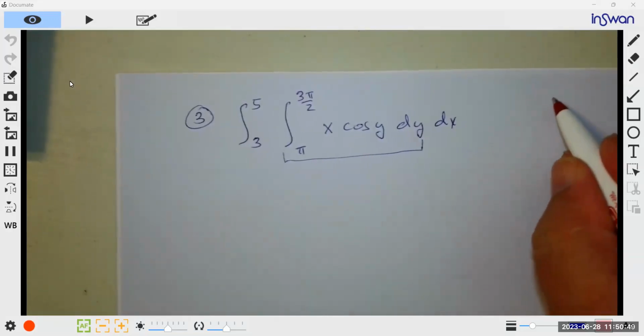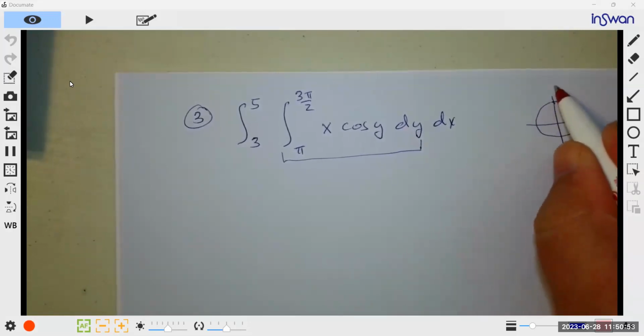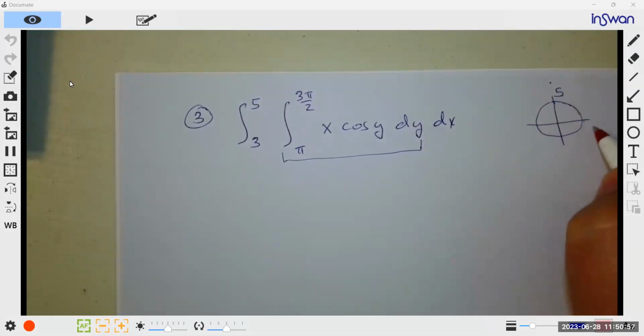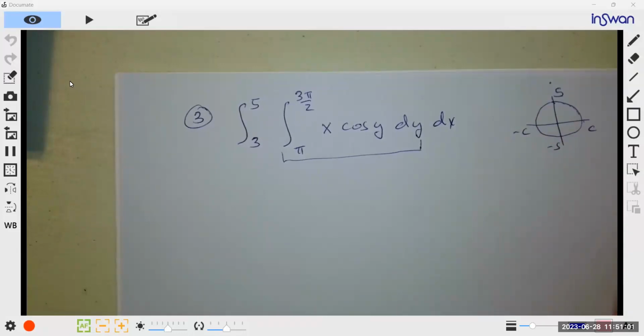You remember the unit circle. Up here, it's sine, cosine, negative sine, negative cosine. So with derivatives, we go this way. With integrals, we go that way.